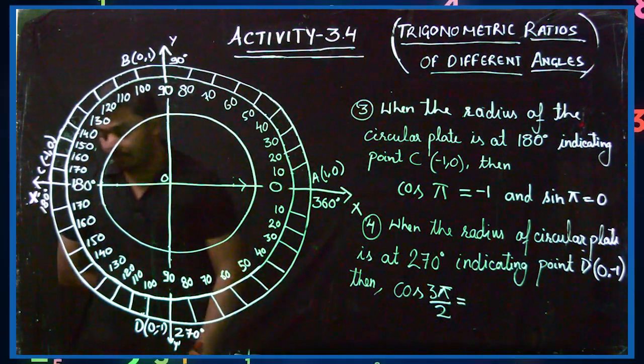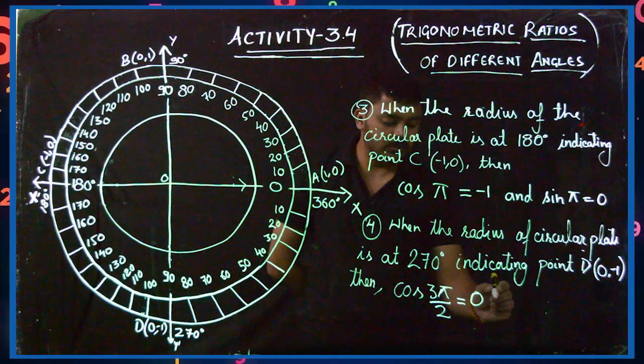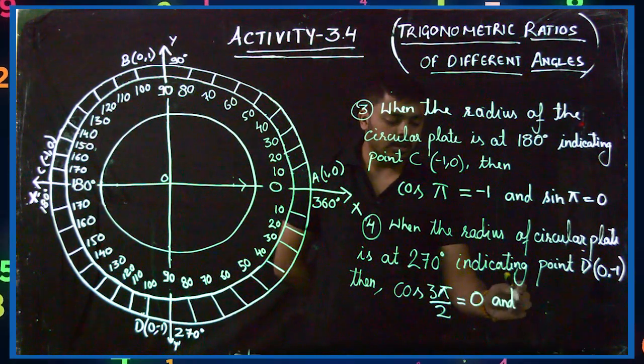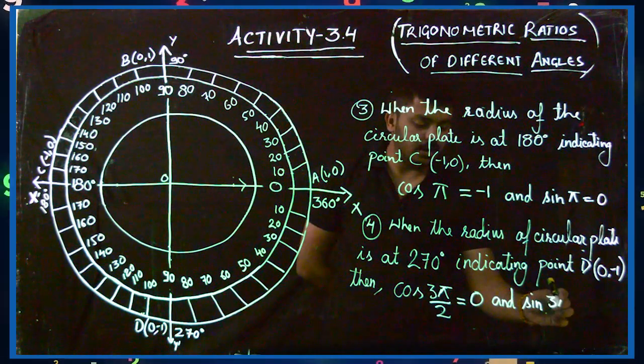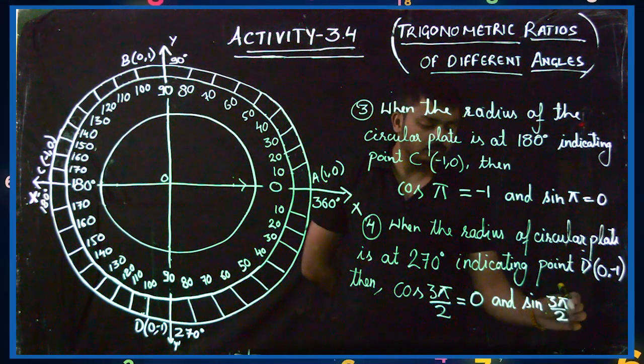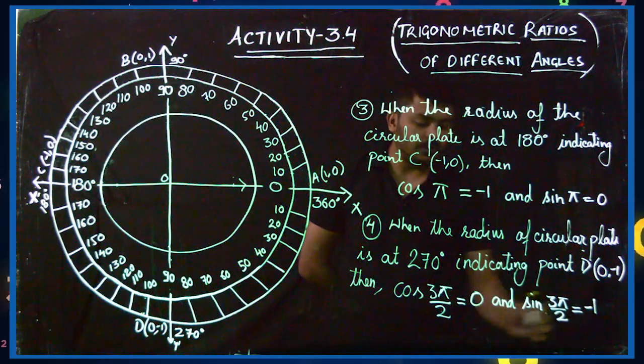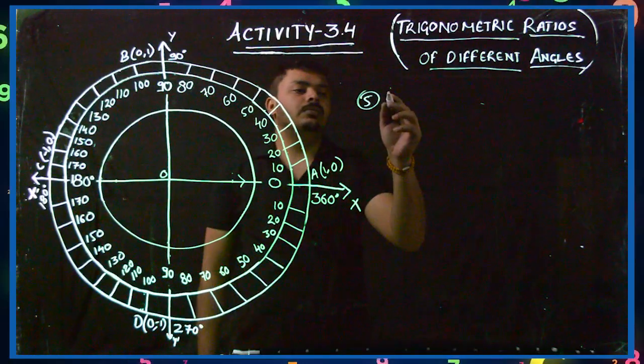So cos 3 pi by 2 equals 0 and sin 3 pi by 2 equals -1.